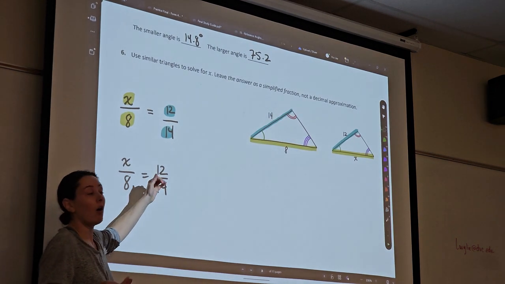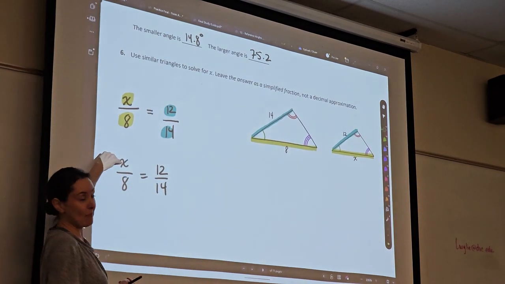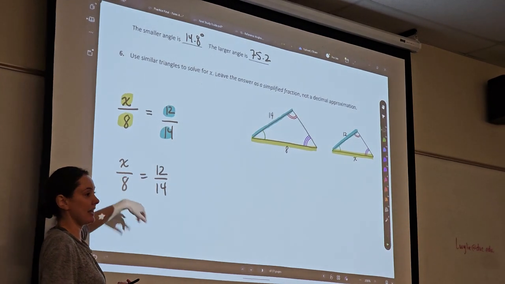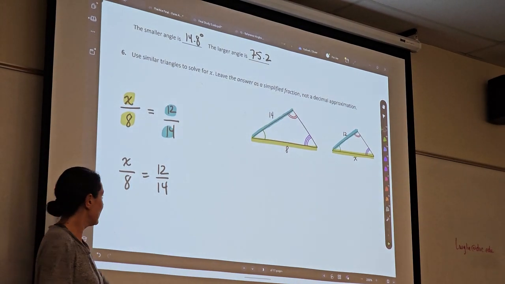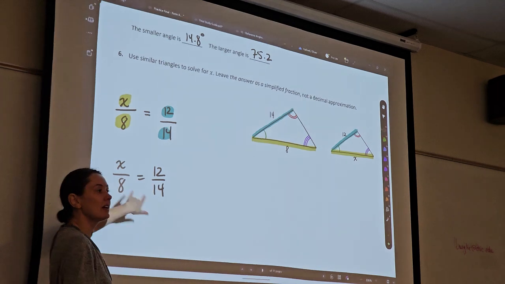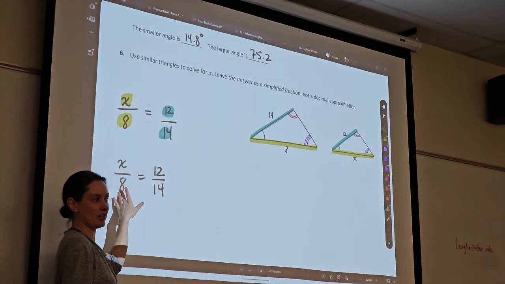I have an equation, all the power in the world, do whatever you want to both sides. What's happening to my unknown? Division by 8. I don't want that. Let's multiply both sides by 8 and I'm done. This jazz is actually more work here. I don't even like saying this language.